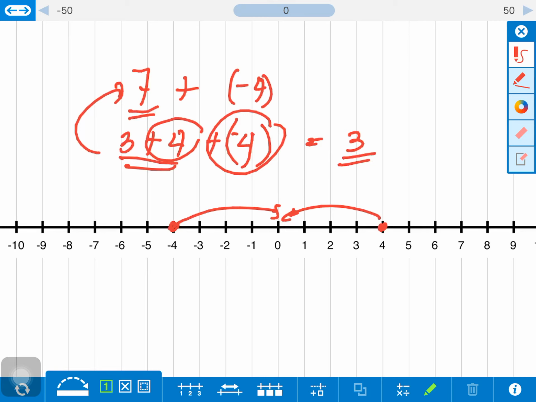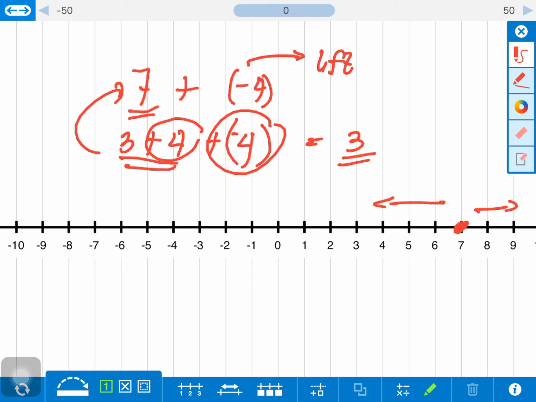Now, how do I show that on the number line? I have here positive 7, and I'm going to add negative 4. If you're adding, it's just like you're moving. It's either you move to the right or you move to the left. Since this is negative, the negative sign tells you to move to the left.